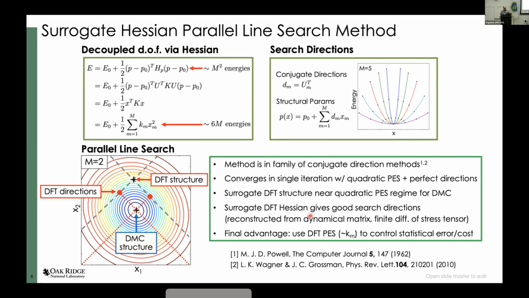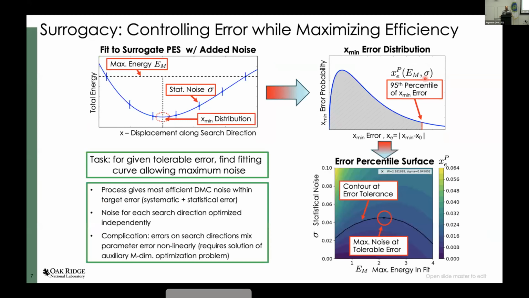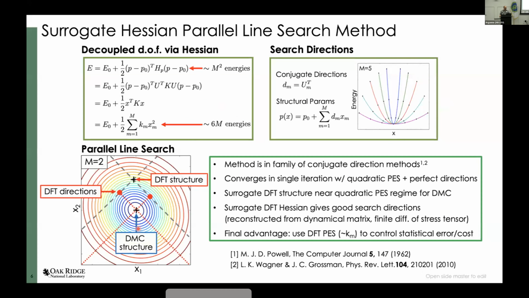What we're going to do in these next cases is use information from the surrogate theory along these different lines to give you information about how you should construct the line search and the statistical properties of the method.